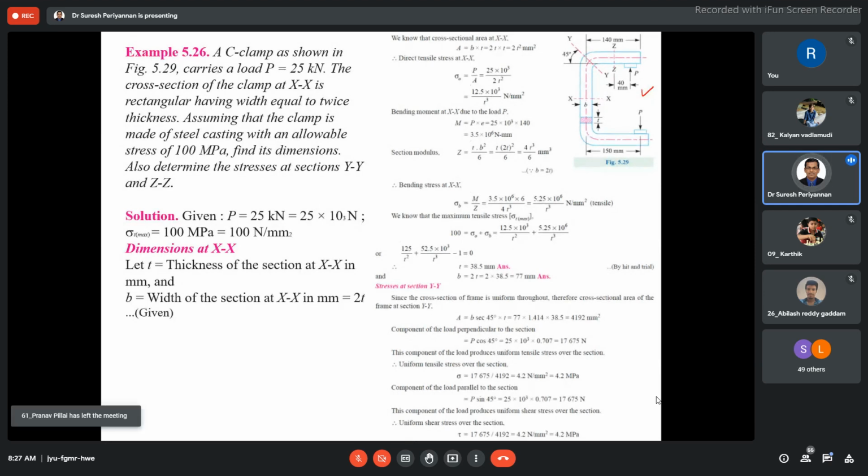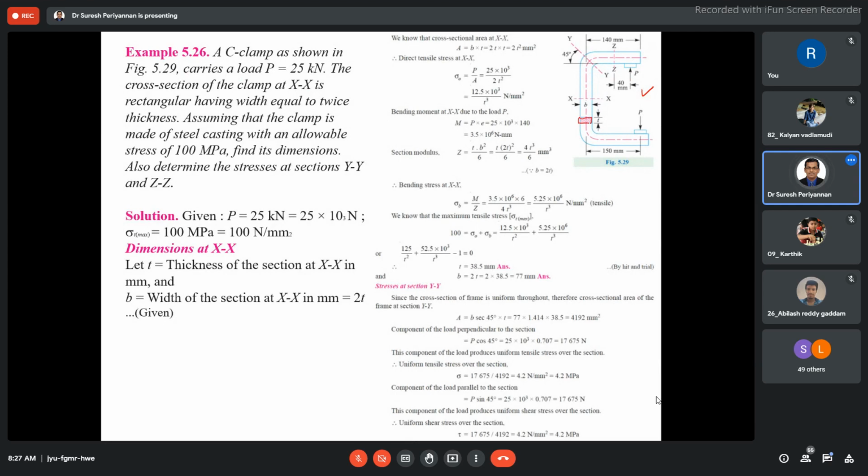That is important. Now, see the clamp shown in the figure carries a load of 25 kilonewton. This is the cross section of the clamp. We would like to find out the dimensions of the clamp cross section.